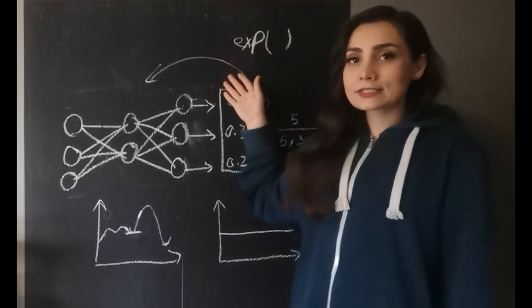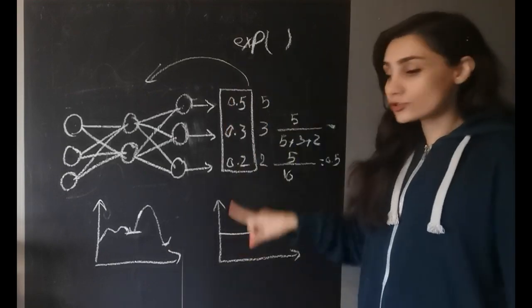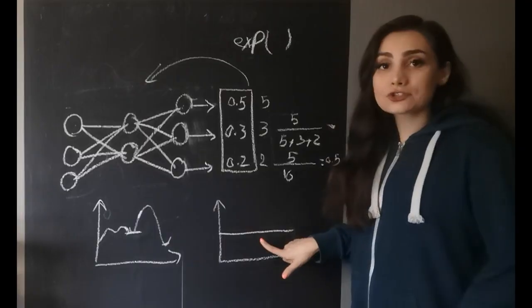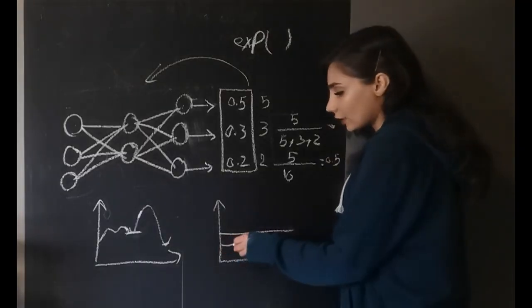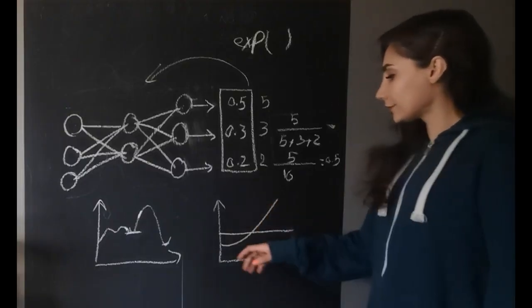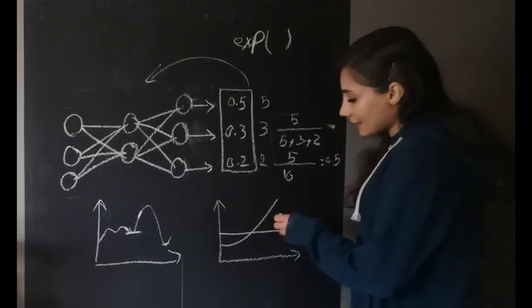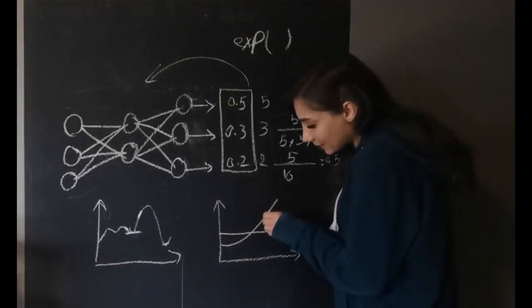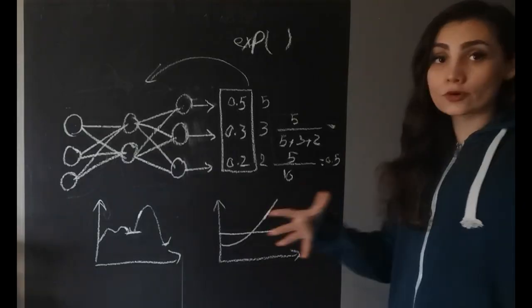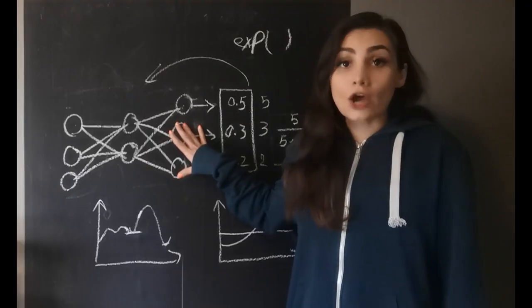So when you have exponential, first of all, you won't have a straight line. Your line will start being curved. And then when you have a curved line, as you can see, now learning can happen. So this is one of the things that exponential helped to solve in Softmax.